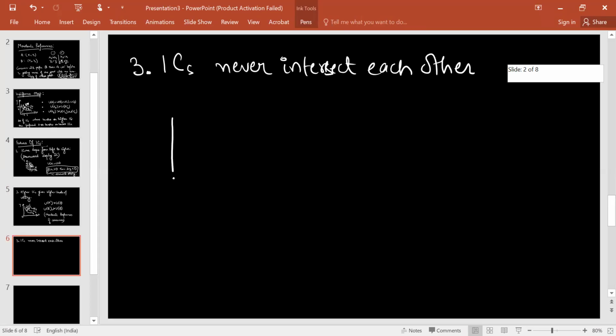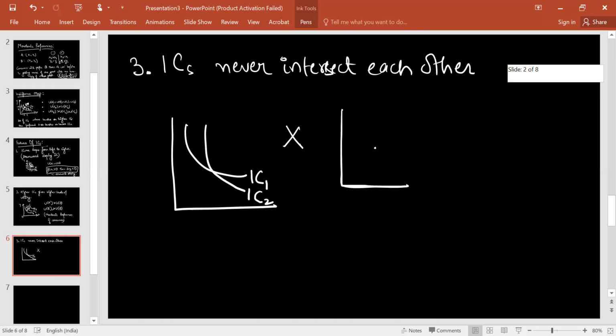For example, if I draw one indifference curve like this, we cannot have another indifference curve which crosses the previous indifference curve. Why? Let's understand. Basically, any consumption bundle which lies over here, say x1 comma y1.